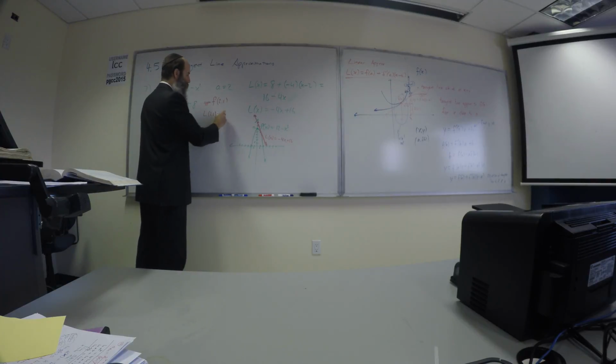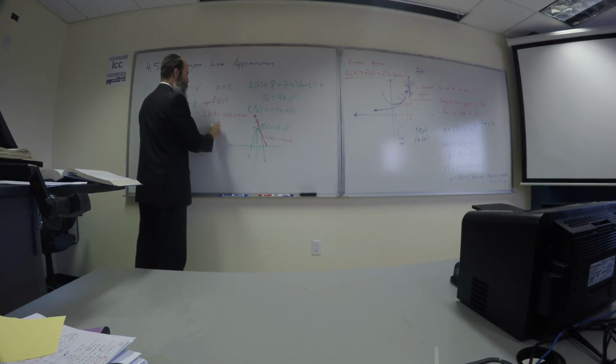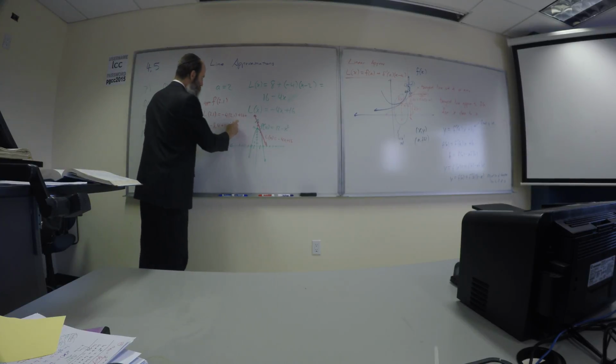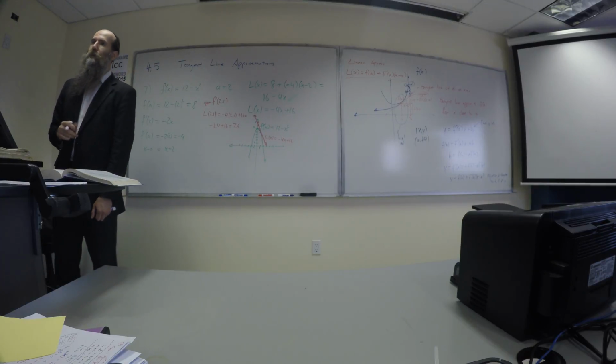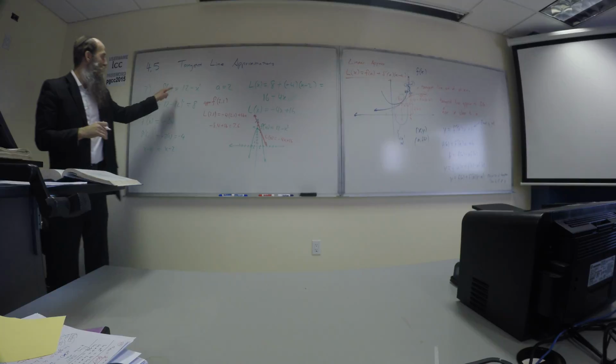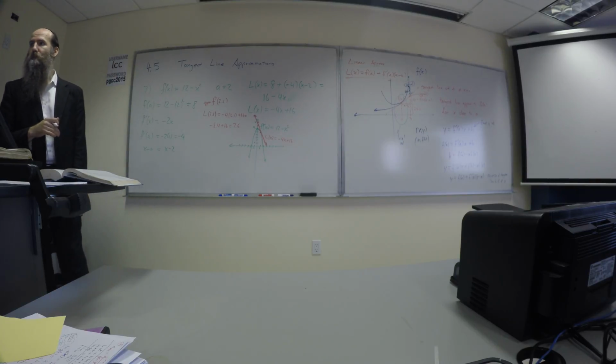Just plug that in. We'll get negative 4 times 2.1 plus 16. So we get negative 8.4 plus 16 equals what? 7.6. There's our guess for the height of the original function at 2.1. Okay? That's what we found.